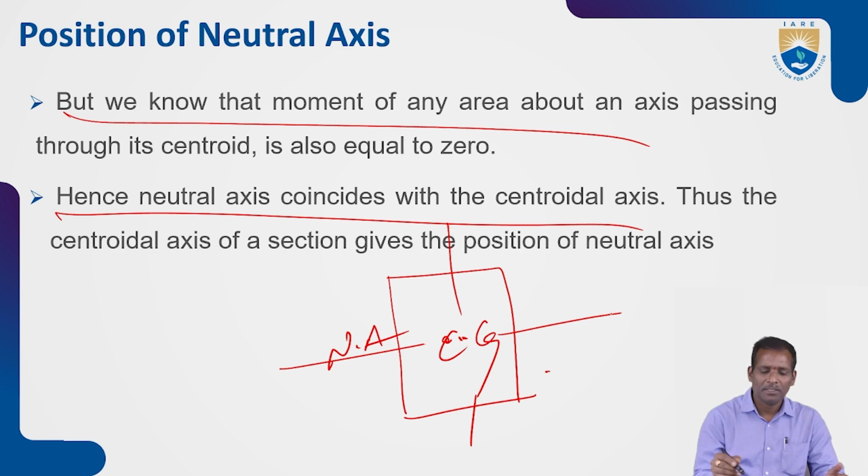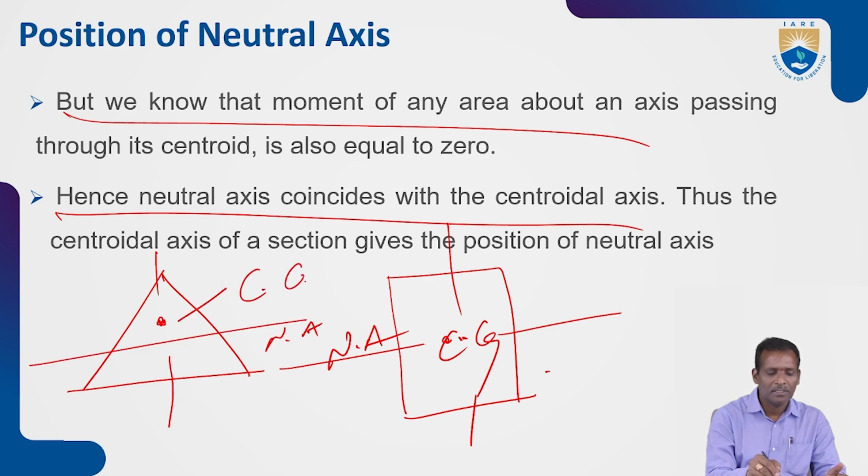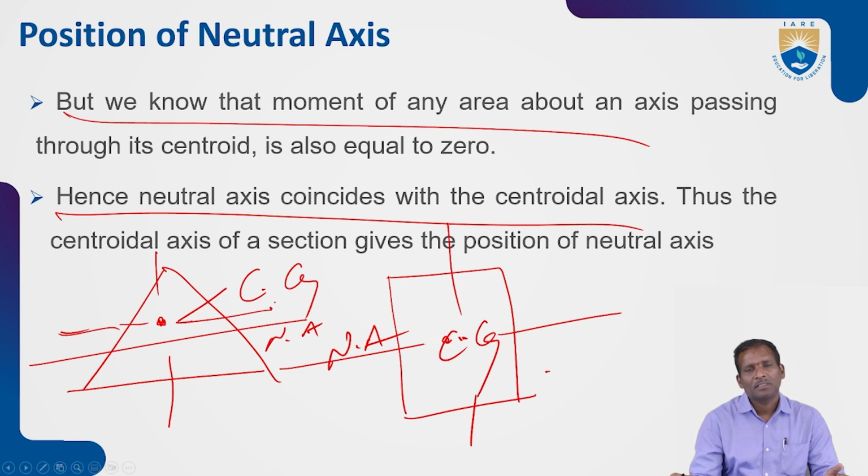Suppose in a triangle section, the neutral axis is this one, and the center of gravity is CG. The center of gravity axis is different from the neutral axis; they do not coincide. If they coincide, then the moment of any area about an axis passing through the centroid is 0.